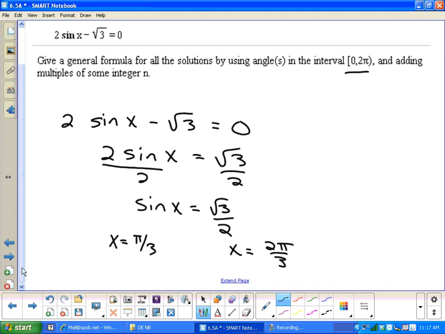But for a general formula, what are we going to have to say? Yeah, 2 pi n. So pi over 3 plus 2 pi n, and then 2 pi over 3 plus 2 pi n. Occasionally some textbooks don't use n, but use k, so I might slip up and say 2 pi k every once in a while. 2 pi n, 2 pi k, same difference. All right.